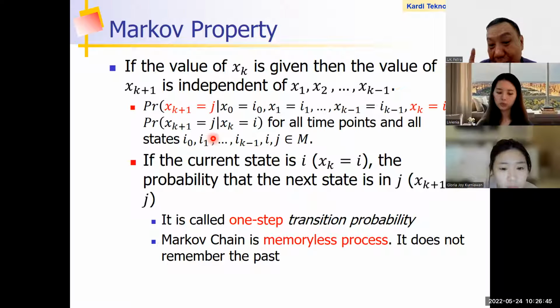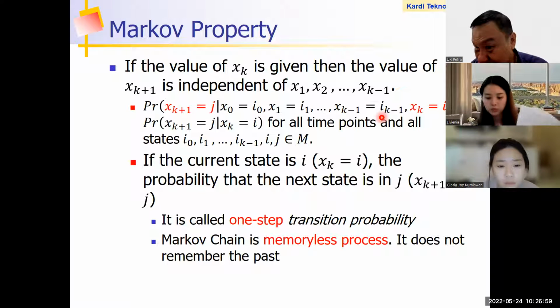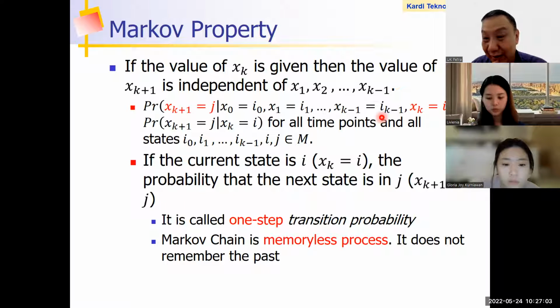So this is the one-step transition probability. That's why we call this a memoryless process. It does not remember the past. I can delete all this. Is it okay or not? That is the assumption of Markov. So if your current state is i, the probability of the next state j is this one, right?